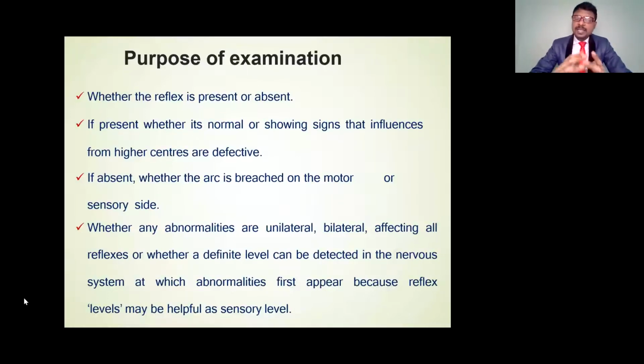So if we examine clearly, we can identify whether there is a problem in the sensory part, the motor part, or in the center. Where exactly the problem is, we can easily diagnose.